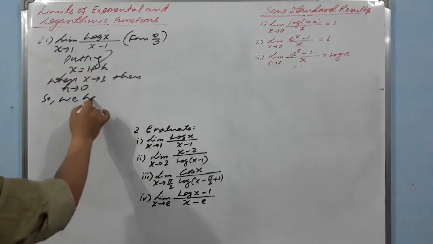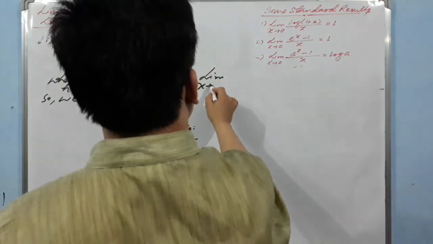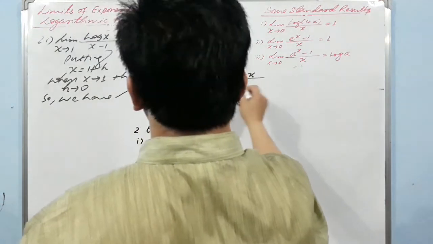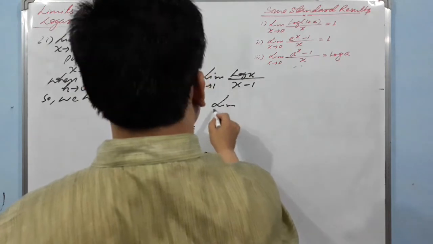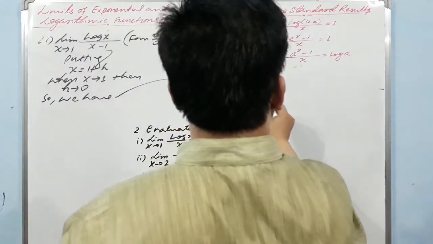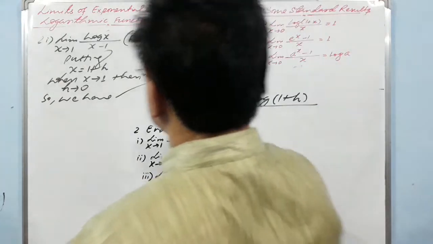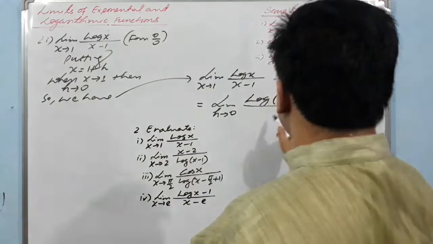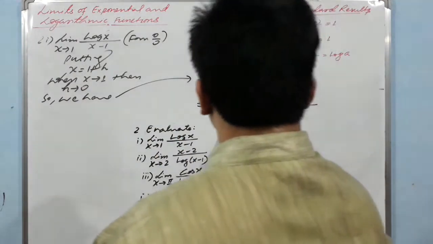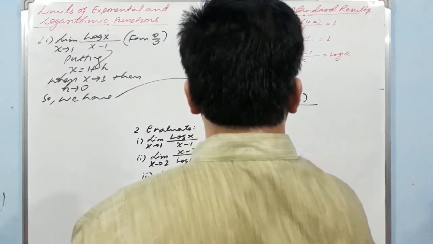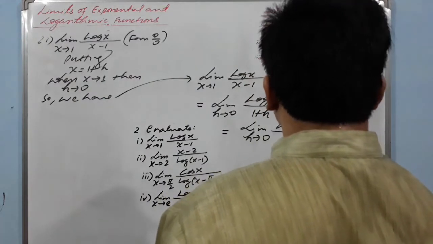So we have, writing here, limit as x tends to 1 of log of x upon x minus 1 is equal to limit as h tends to 0 of log of 1 plus h over x minus 1. x minus 1 is equal to h, 1 plus h minus 1, so it is limit as h tends to 0 of log of 1 plus h over h.